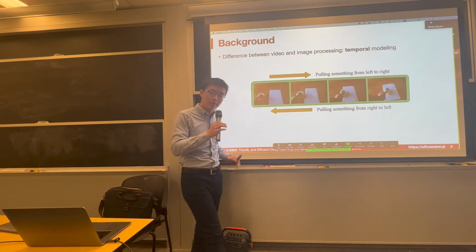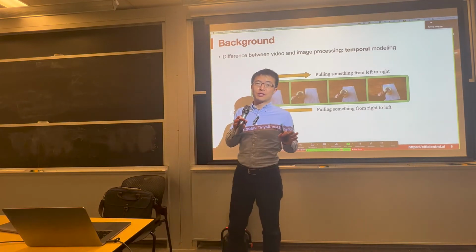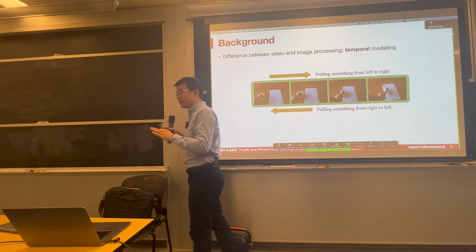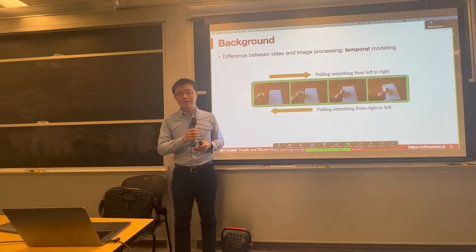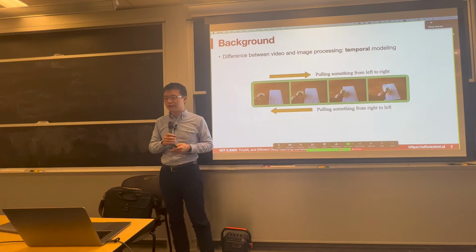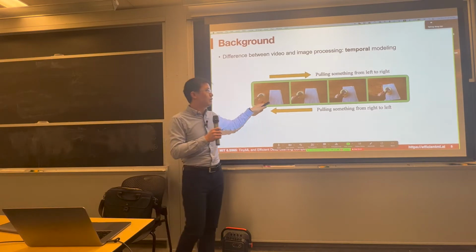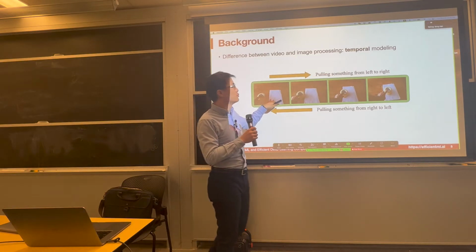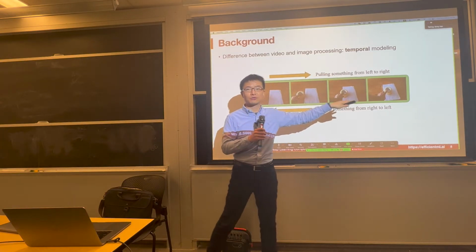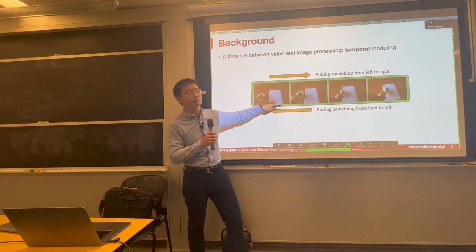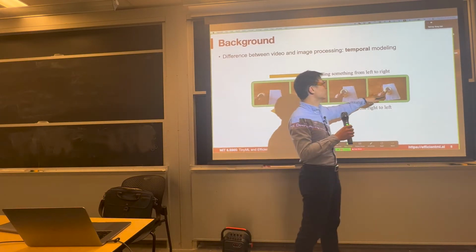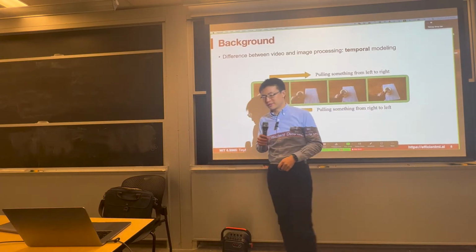So let's brainstorm a little bit. What's the difference between video understanding versus the image understanding, which we have learned so far? Let's see from this example. Actually, this is putting something from left to right, right? We have a tape, it's a piece of paper. We are putting the tape from left to right.